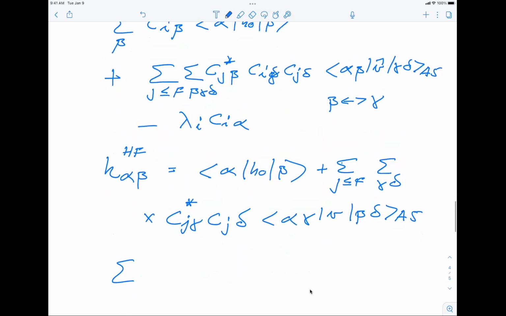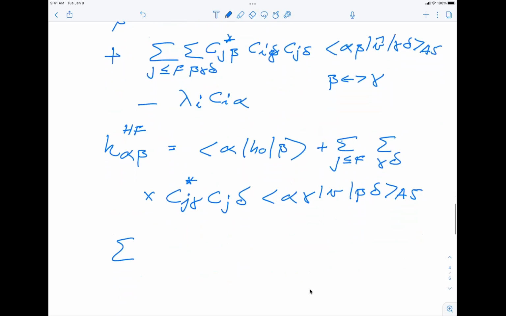I can rewrite this in terms of a sum over beta, like that. And this has a ci beta multiplied with these matrix elements, which we can pre-calculate if I know the parameters, the coefficients c.